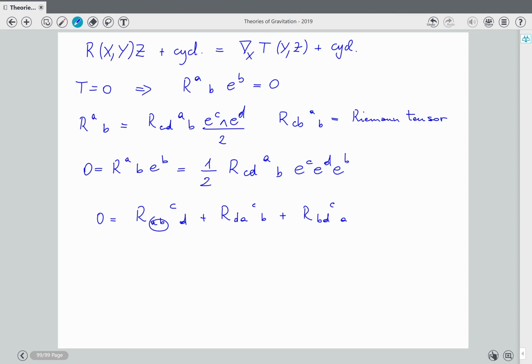No need to antisymmetrize in the first two, so you just have the sum of the cyclic permutations of the three indices. This is a property of the Riemann tensor that follows from vanishing torsion. And that is the usual identity that you know about.